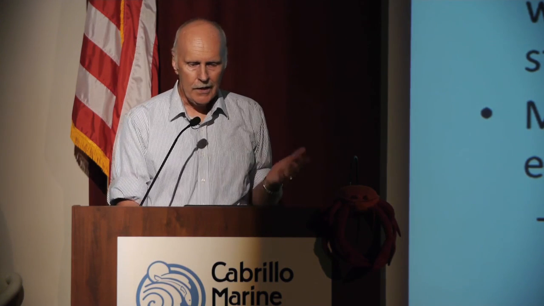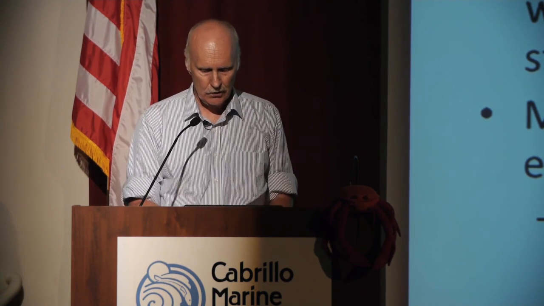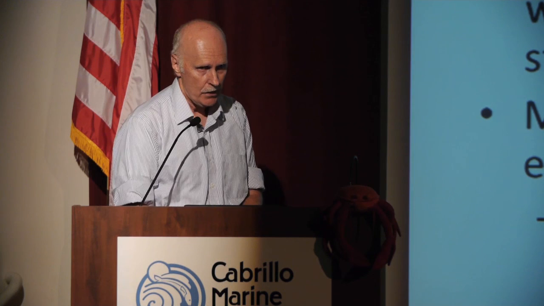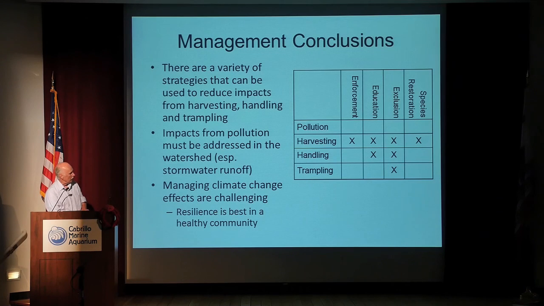So there's a variety of strategies that we can use to try to manage these sites, but if I look at my EEES approaches here, they all work for harvesting, and some of them work for handling, and the exclusion works for trampling. None of those do anything about pollution.